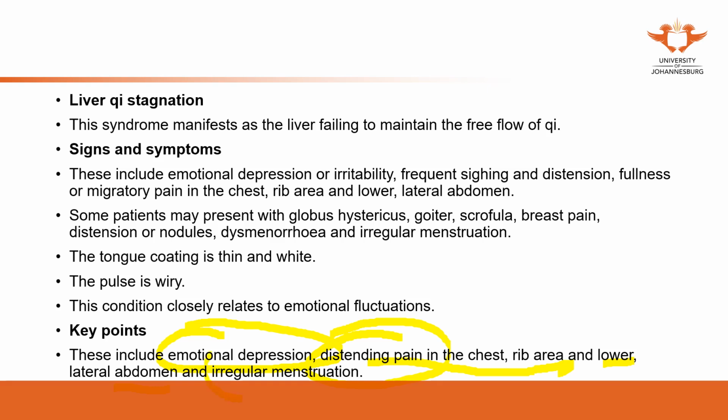In ladies, they might have irregular menstruation. Some patients may also present with infertility. That's the result of irregular menstruation due to liver qi stagnation.